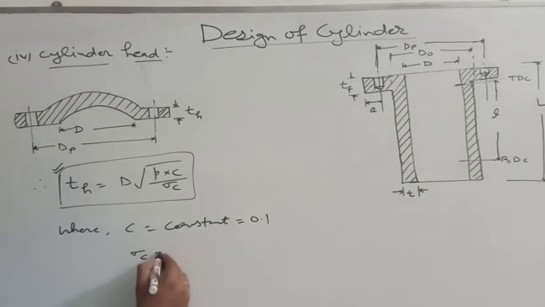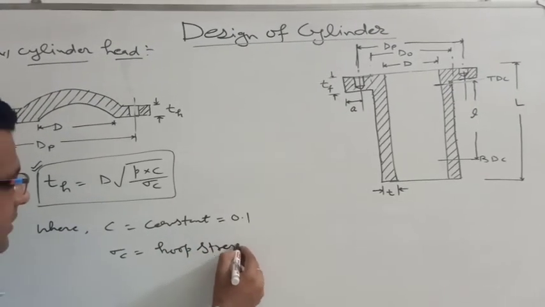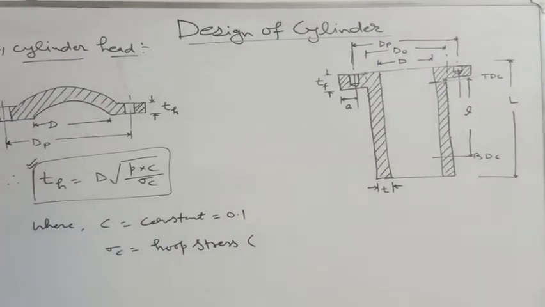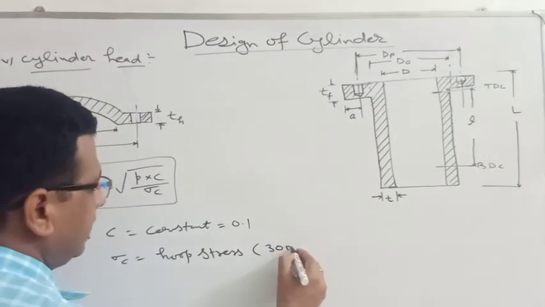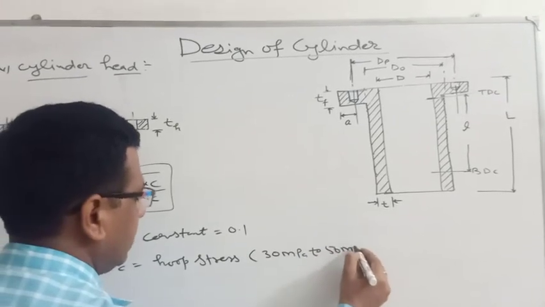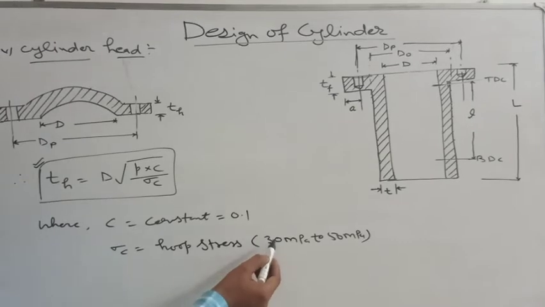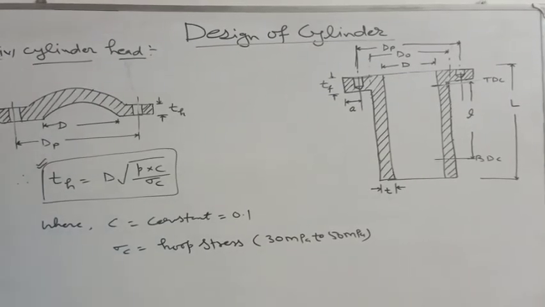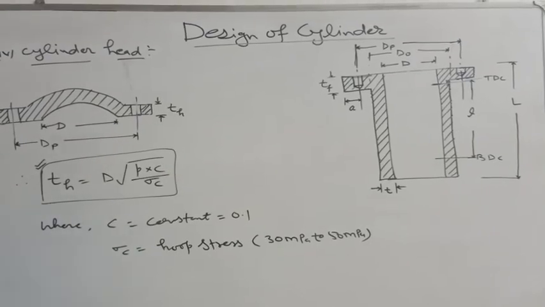The value of the hoop stress or circumferential stress, for our designing purpose, is mostly taken as 30 megapascal to 50 megapascal. For our head design, we can take a value in between these two, and from this relationship we can calculate the thickness.